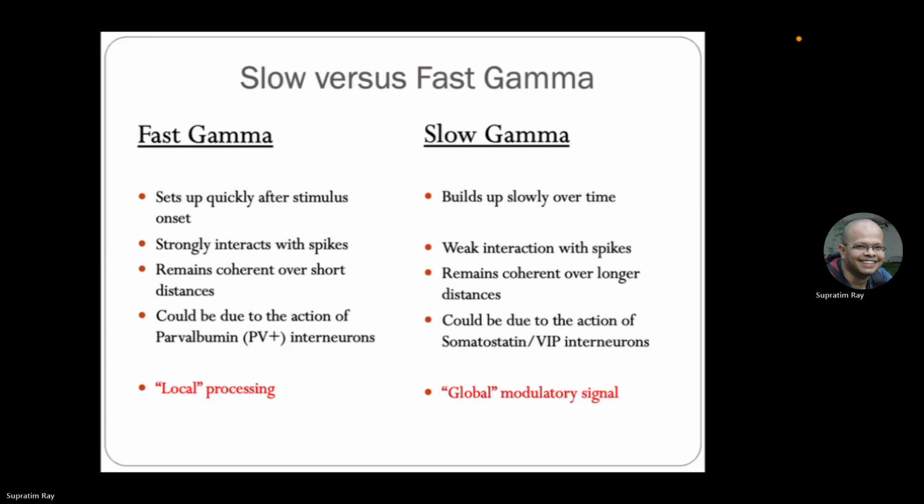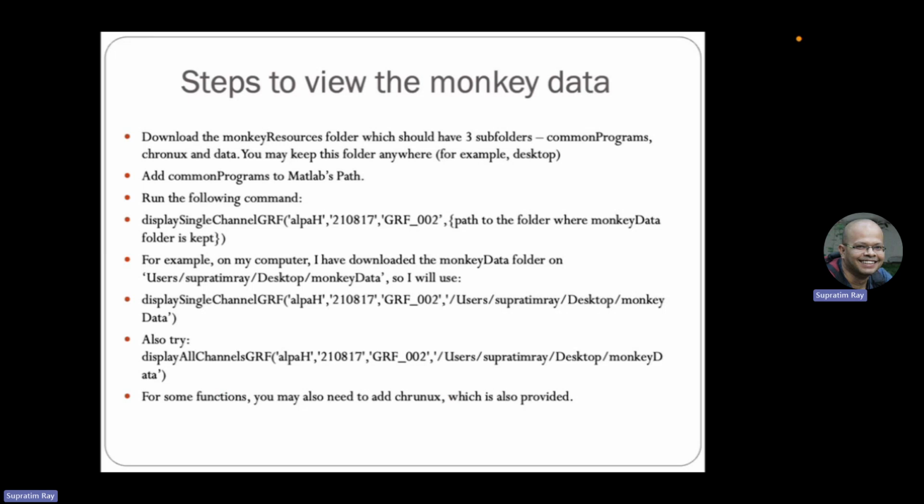And then I told you to download this monkey resources folder. So I will show you step by step what this data looks like for those who haven't done it yet. All of you should be able to do it by now.